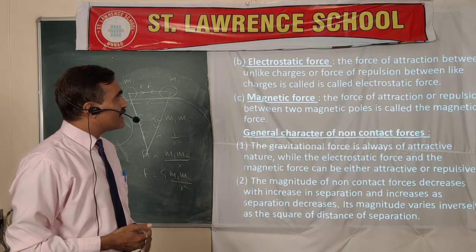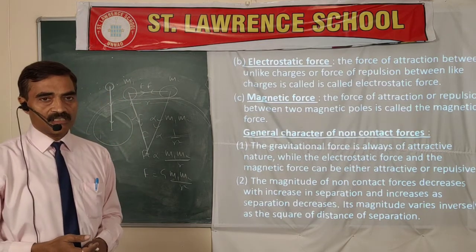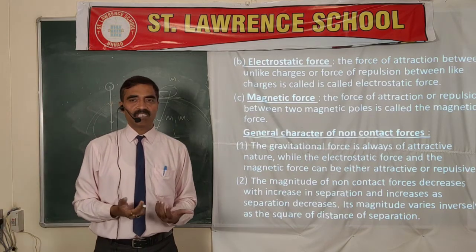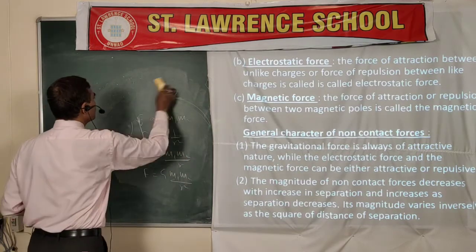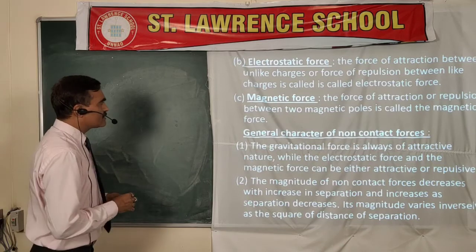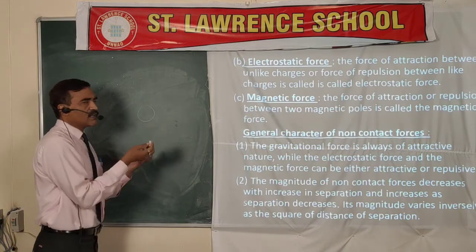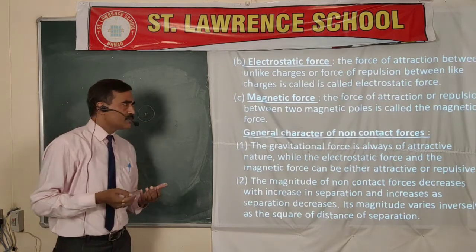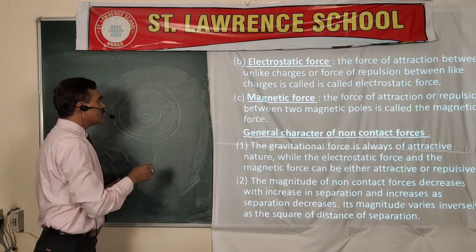Now the next one is the electrostatic force, the force of attraction between the unlike charges. There are two kinds of charges. One is called the positive charge, another is called negative charge. If I discuss a little bit about the charges, all bodies are made up of atoms, and the electrons are revolving around the nucleus in these atoms.